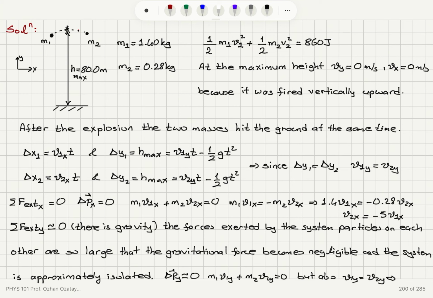These two are equal, and m1 v plus m2 v equals 0. This is only possible because the masses are not 0. v1y and v2y should both be 0 meters per second. So there is no y component of the velocities of these two fragments.